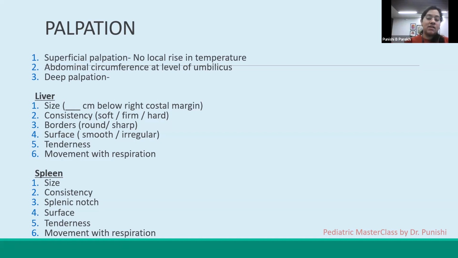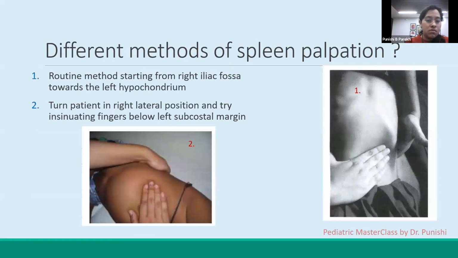Now, once you say that you have splenomegaly, there's a high probability that the next question will be, how will you palpate the spleen? So there are three different methods. The first one, routinely you start from the right iliac fossa. Always remember that you start palpating the spleen, although the spleen is located on the left side, from the right iliac fossa, because when your spleen enlarges, it enlarges from the left hypochondrium to the right iliac fossa.